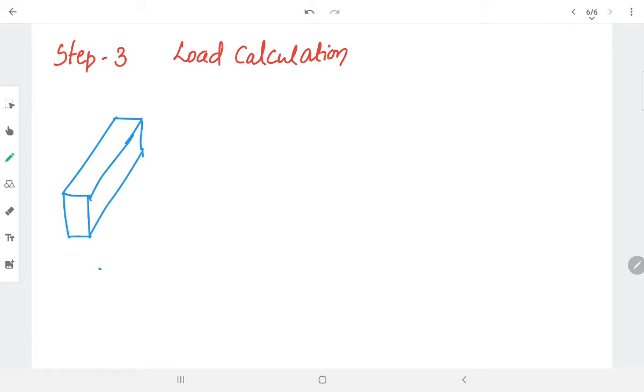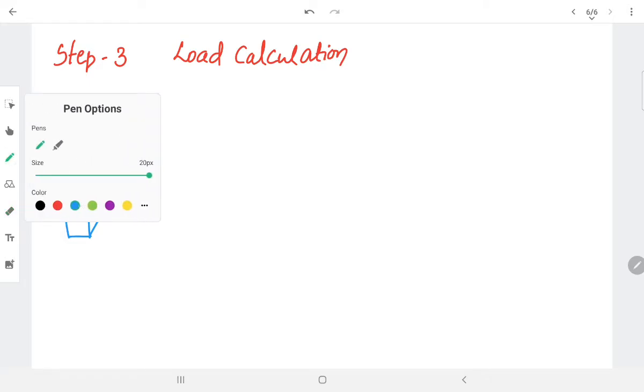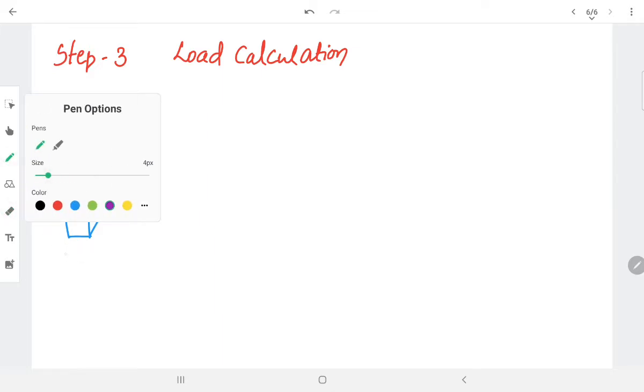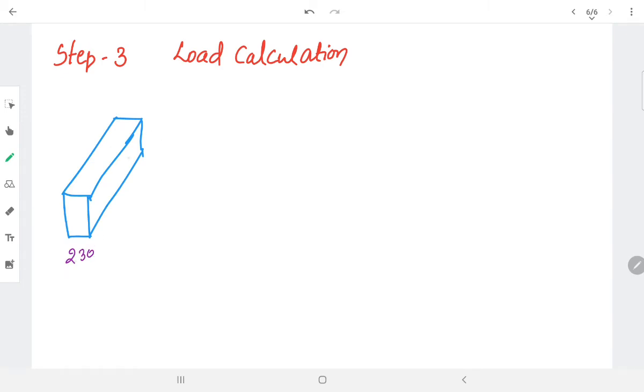So this is the figure, that is, width is 230 mm, and the depth, I'll write here, overall it is 450 mm.